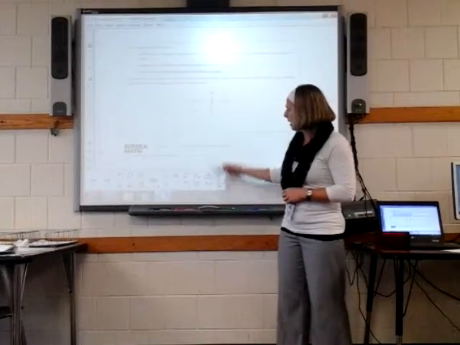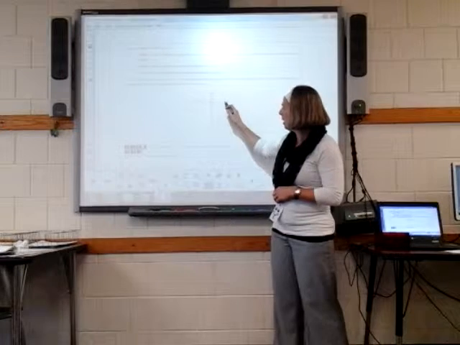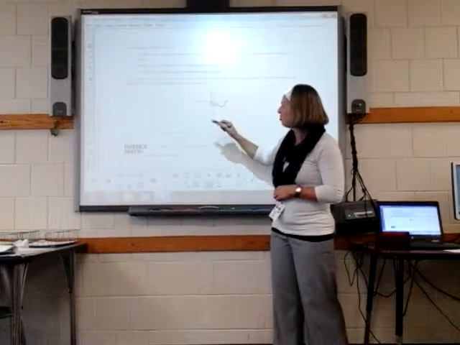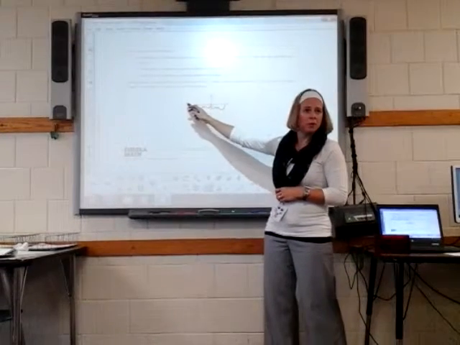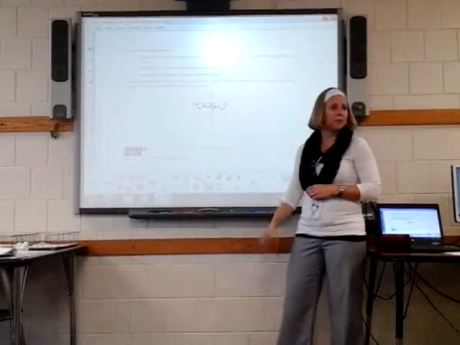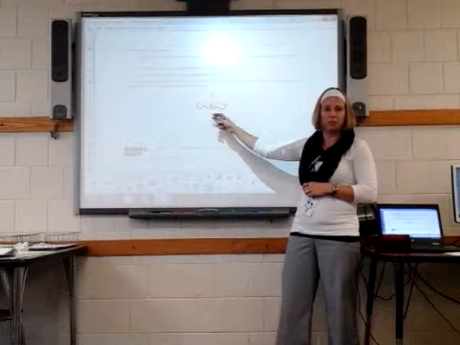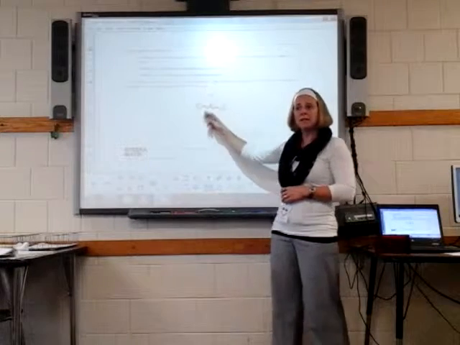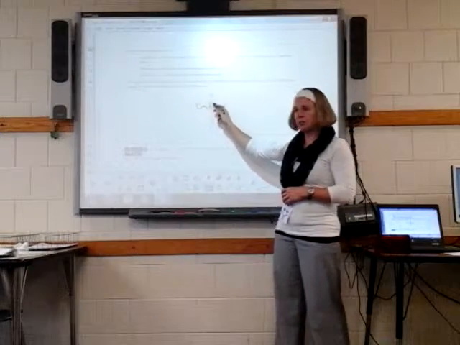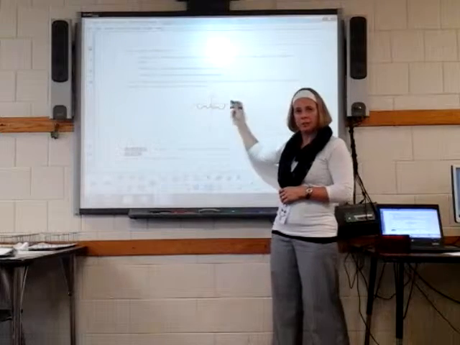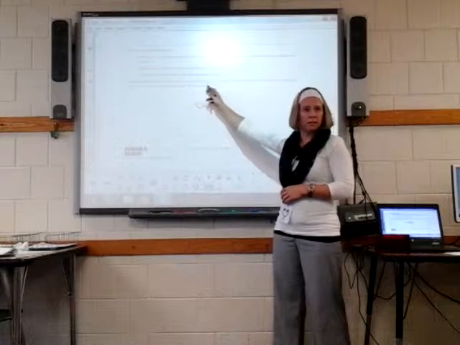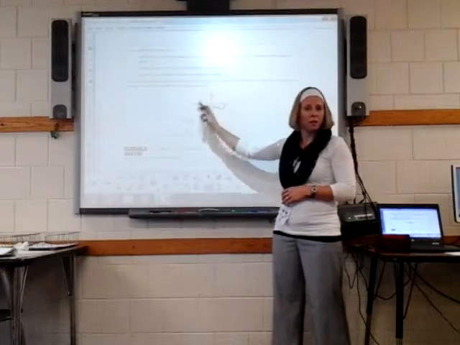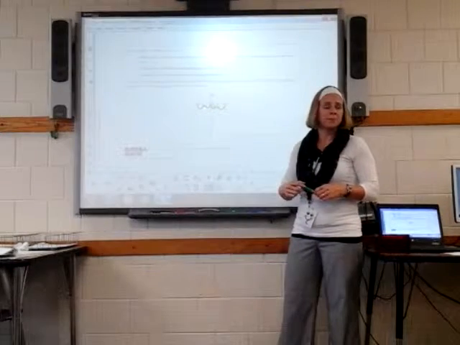And the idea that the distance between the original and the line of reflection is the exact same as the distance between the reflection and the line of reflection. Okay? Bisect means that it's creating a 90-degree angle to the original and the reflection, and that it's the same distance. It hits right in the middle of those two locations.